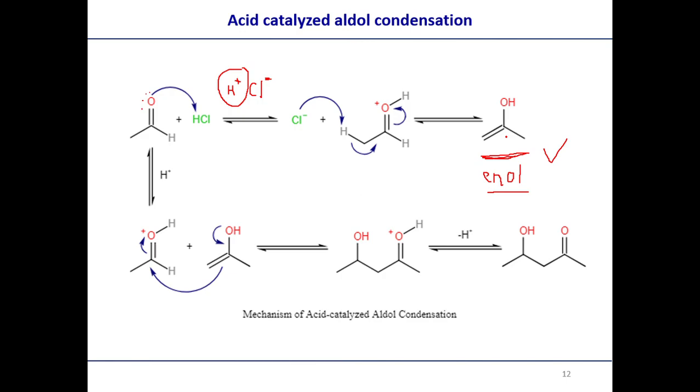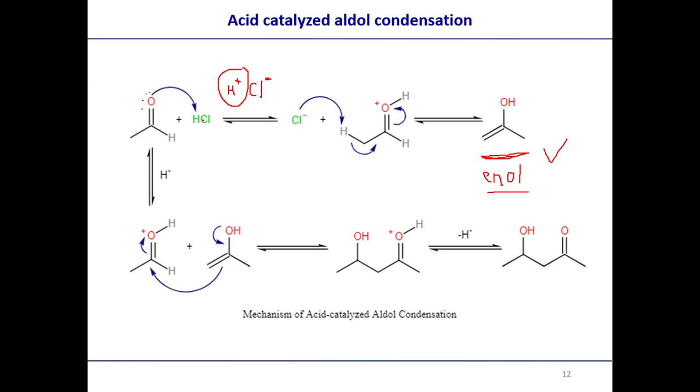Then in another molecule you have to find the electron deficient center. So in another molecule you can see this is an electron deficient center, so it can attack over here, right? So it will attack here, and this bond breaking will take place to form the OH. Now this intermediate will form again, because we have H plus in the starting material.